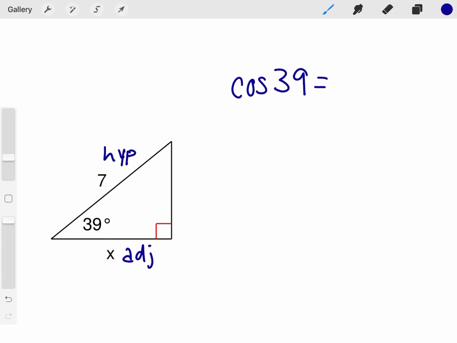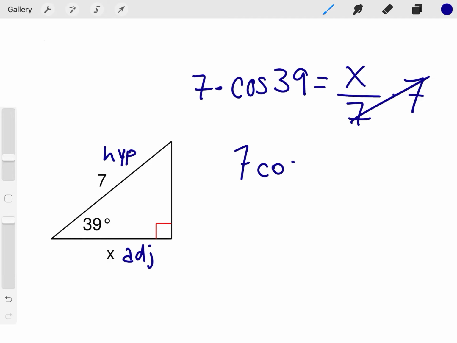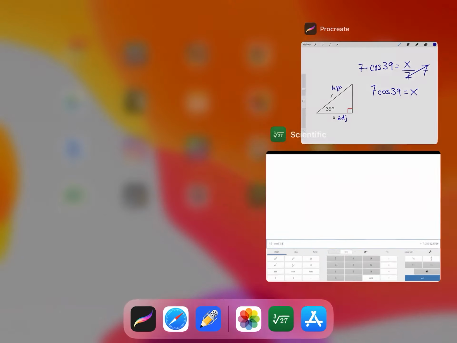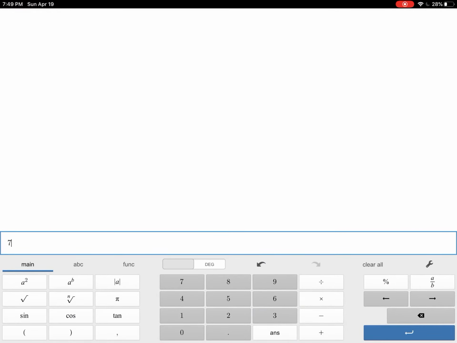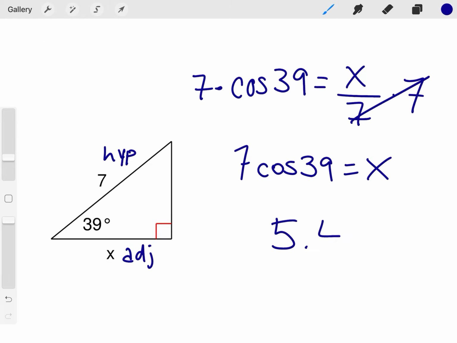Cosine of 39 degrees equals x over 7. We'll multiply both sides by 7. And then that's what we're going to be plugging into Desmos. 7 times cosine 39 equals 5.4400. Rounded to the nearest tenth is 5.4.